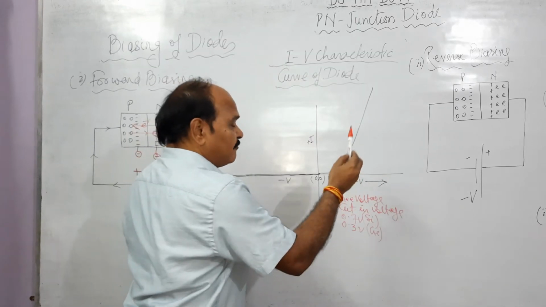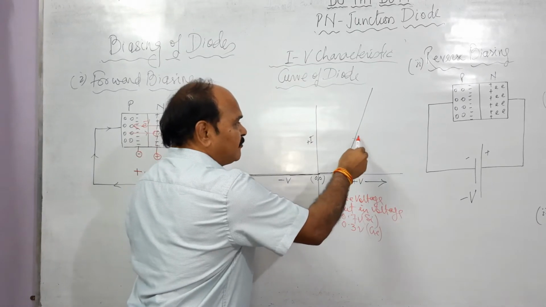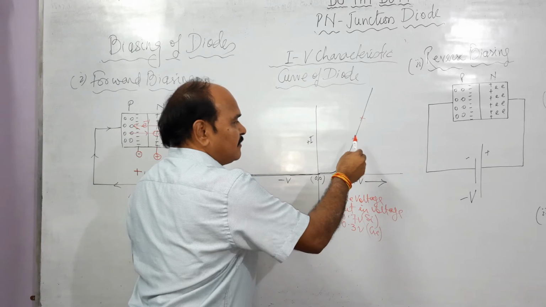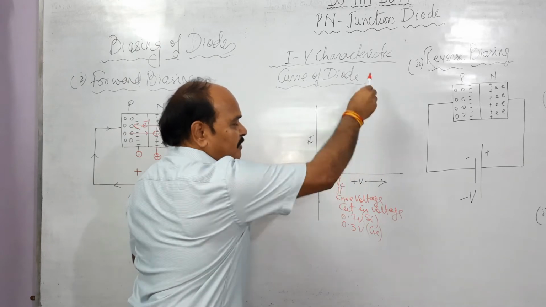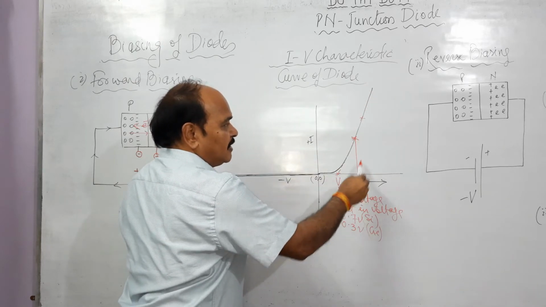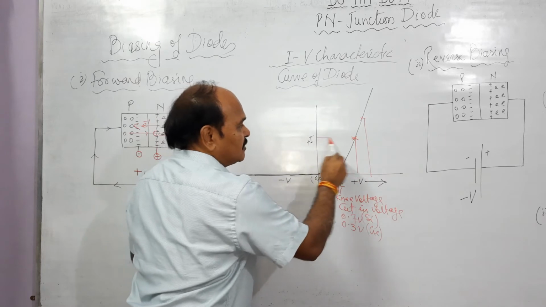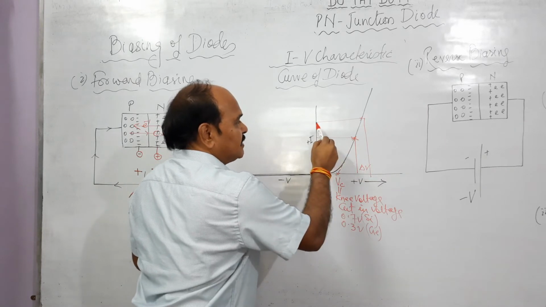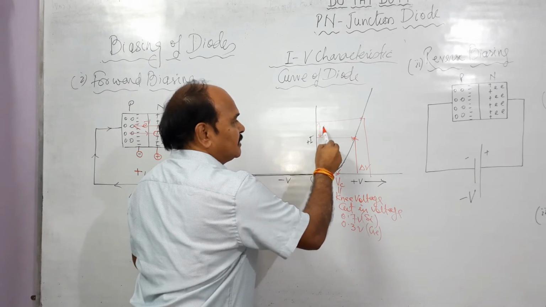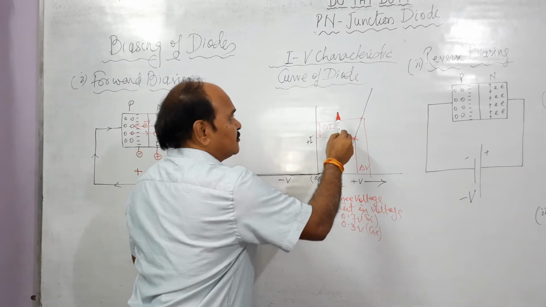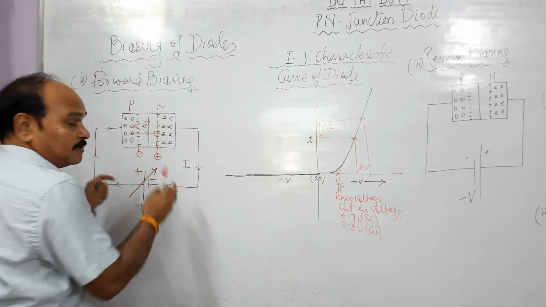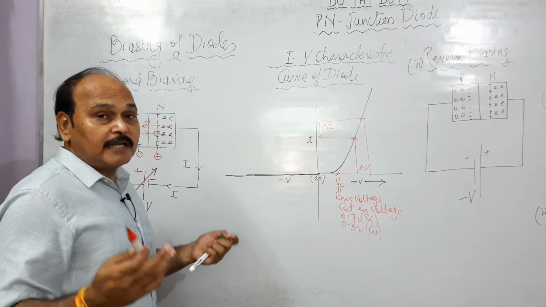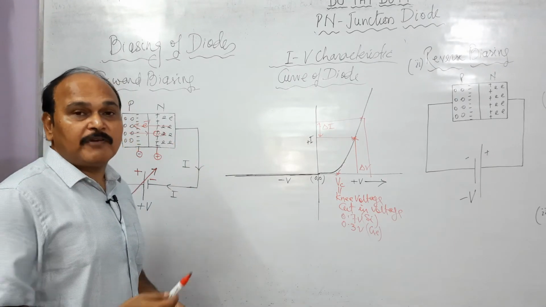Well, we have to find out the resistance. If we mark 2 points over this characteristic curve and read out the values of current and voltage from their respective axes, this is delta V and this is delta I. These diodes are non-ohmic conductors and they are known by a dynamic value of resistance.